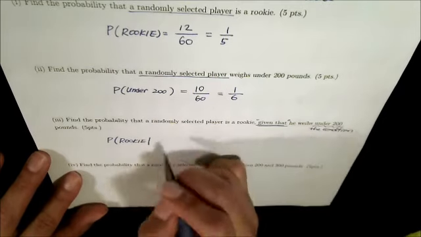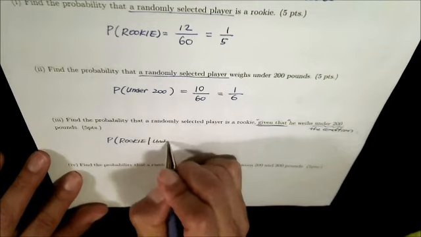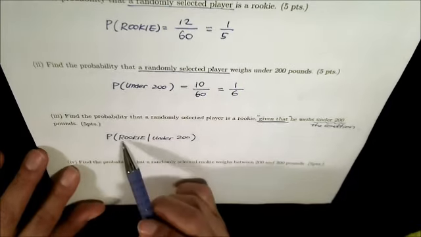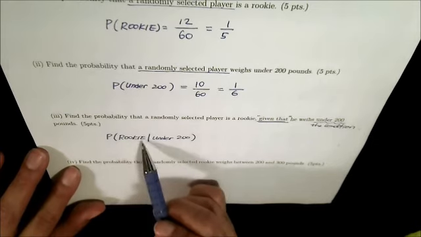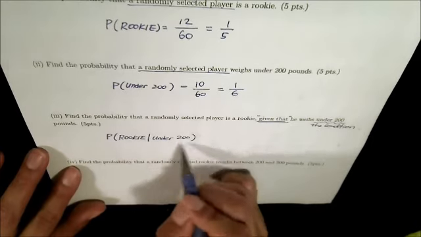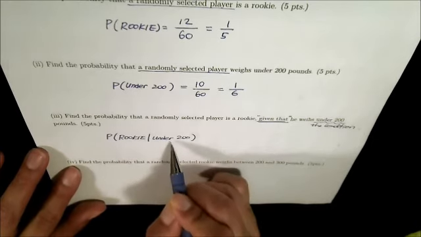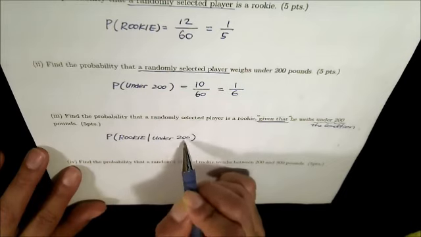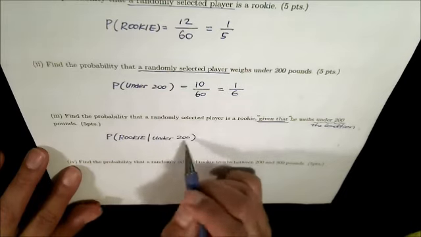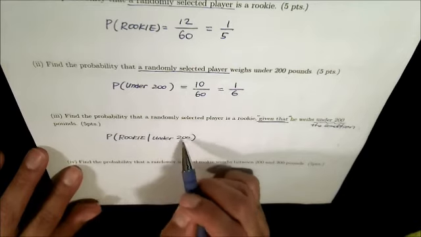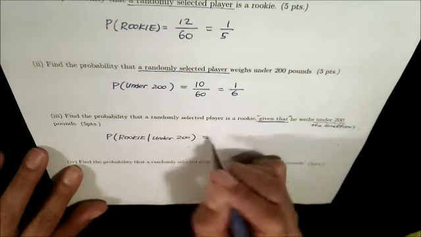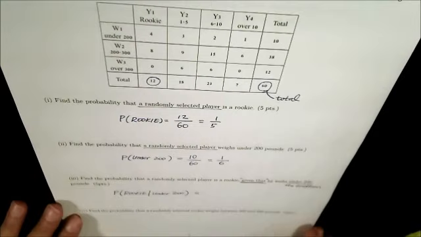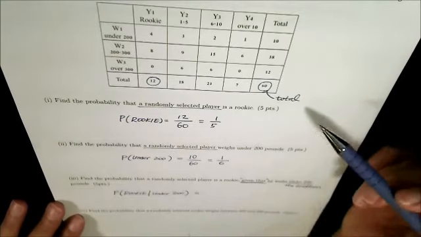Given that the person is under 200, we have to find how many people are rookies out of people who weigh under 200. First we have to find how many people weigh under 200.